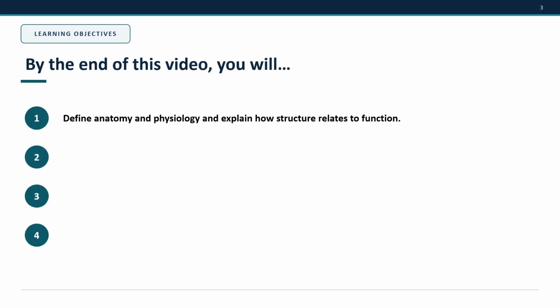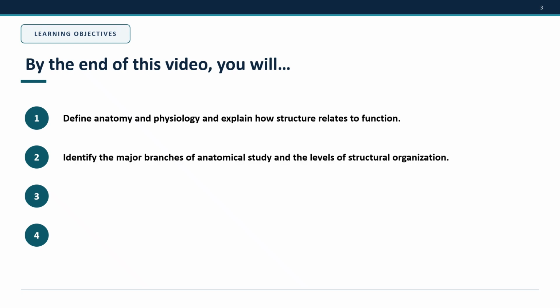So, some learning objectives. By the end of this video, you will be able to define anatomy and physiology and explain how structure actually relates to function. This is really the core concept that you have to pick up from today. You should be able to identify the major branches of anatomical study and the levels of structural organization.